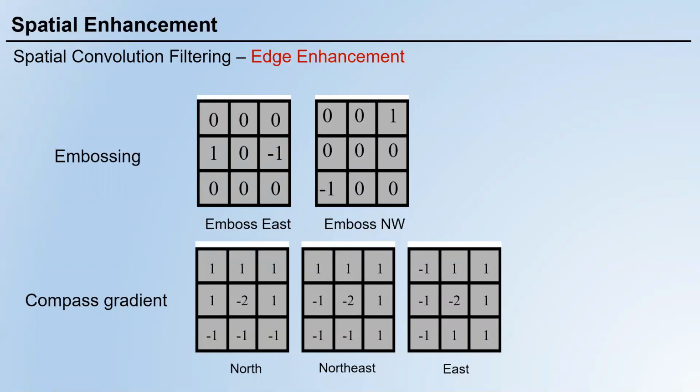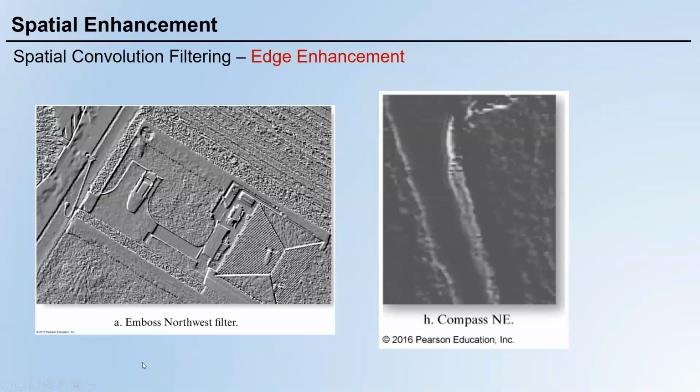So I'm going to provide some more examples. Here is the emboss northwest filter result, of course based on the image we saw before. You can see the feeling of texture here is stronger than before, right?